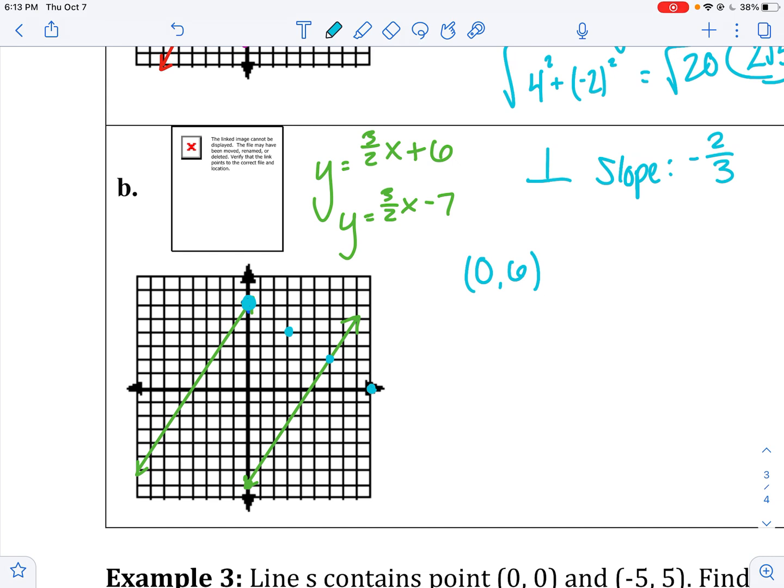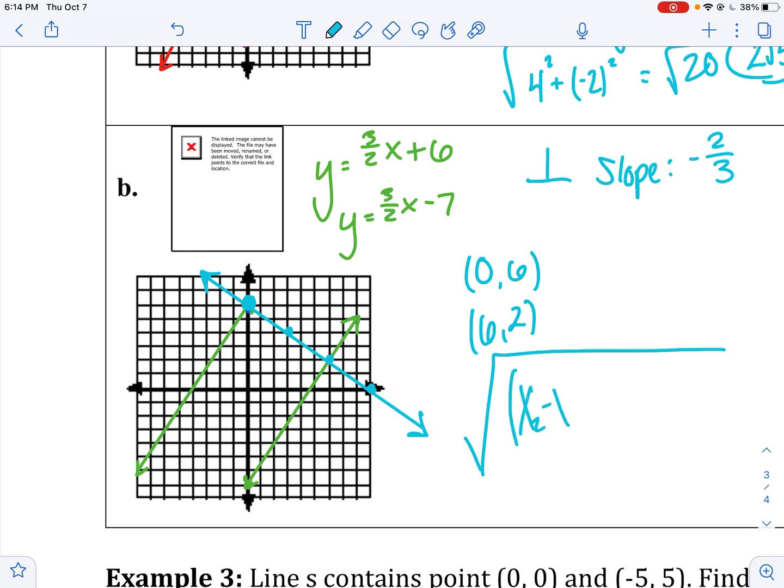And see if I can figure out where my two intersection points are. One of them we already know was (0, 6). The other one is right here at (6, 2). Right? 1, 2, 3, 4, 5, 6, comma 2. So I want to find the distance between those.